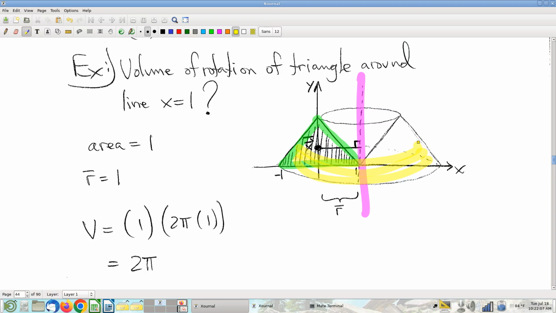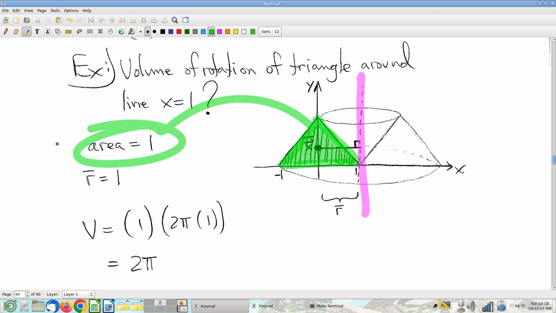I'm going to argue much more conveniently that according to Pappus's theorem, I just need to take the area, which is an easy little geometry problem, and multiply by the distance traveled by the centroid, aka 2 pi times the distance from the centroid to the axis of rotation.